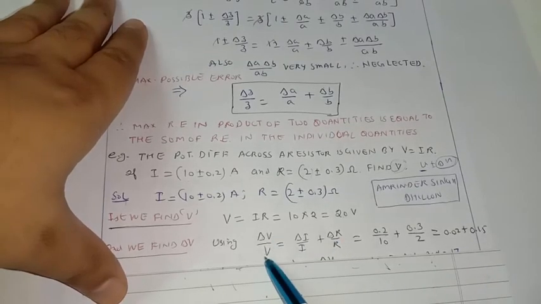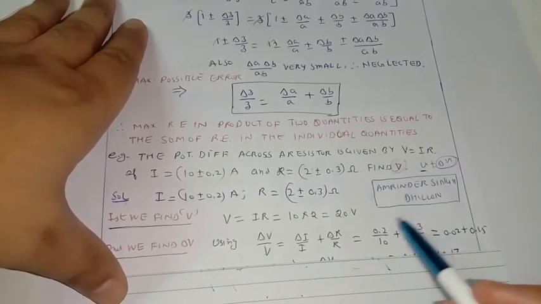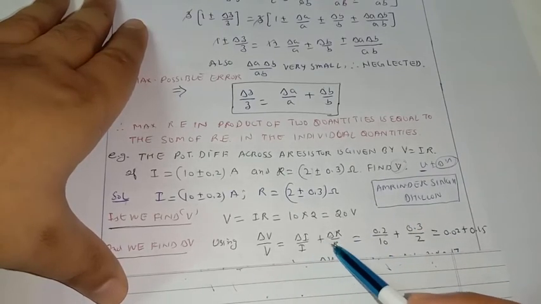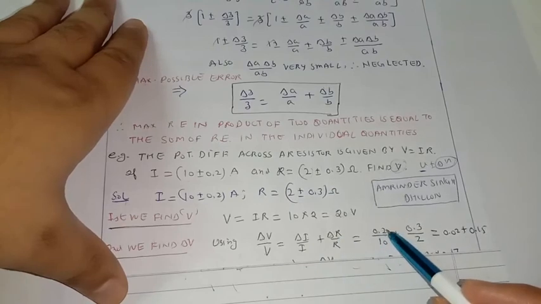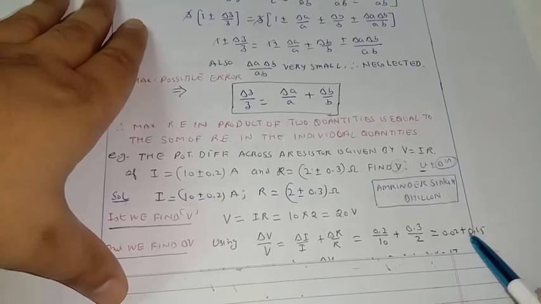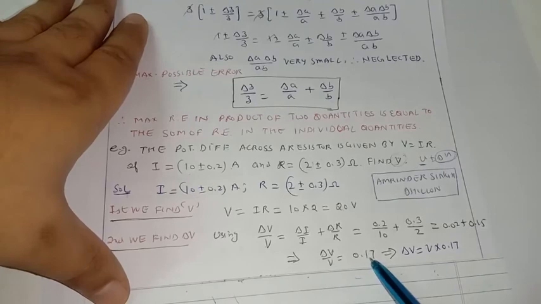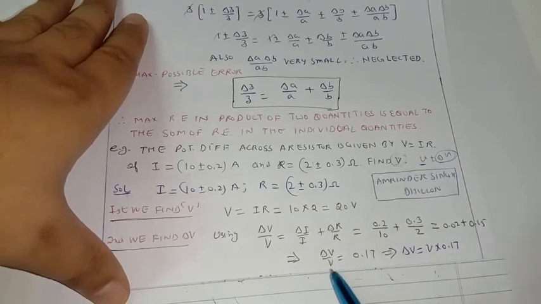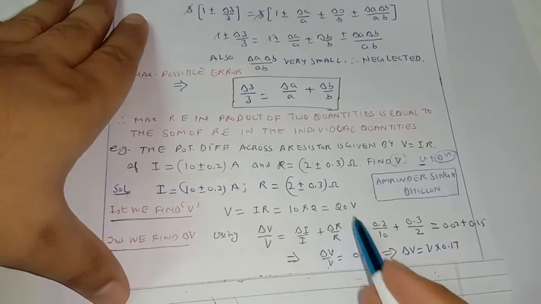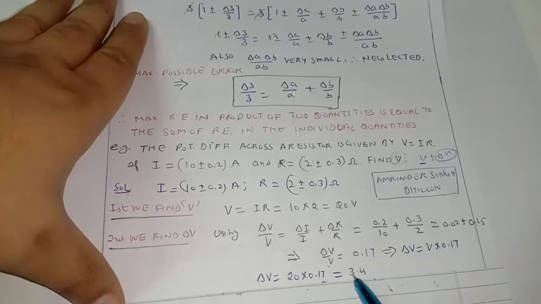So delta V over V is equal to delta I over I plus delta R over R. After substituting the values, we have 0.2 over 10 plus 0.3 over 2 equal to 0.02 plus 0.15, which gives delta V over V equal to 0.17. V we have already determined as 20 volt, so delta V will be equal to V into 0.17, which will be equal to 3.4 volt.